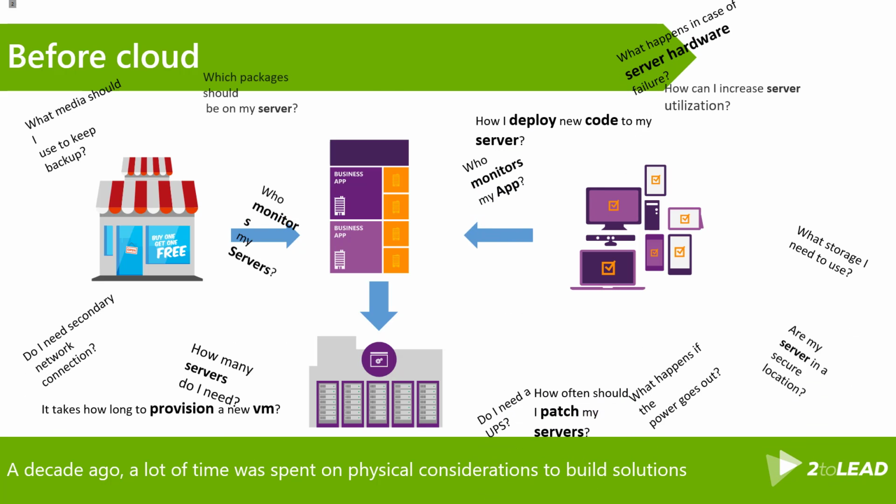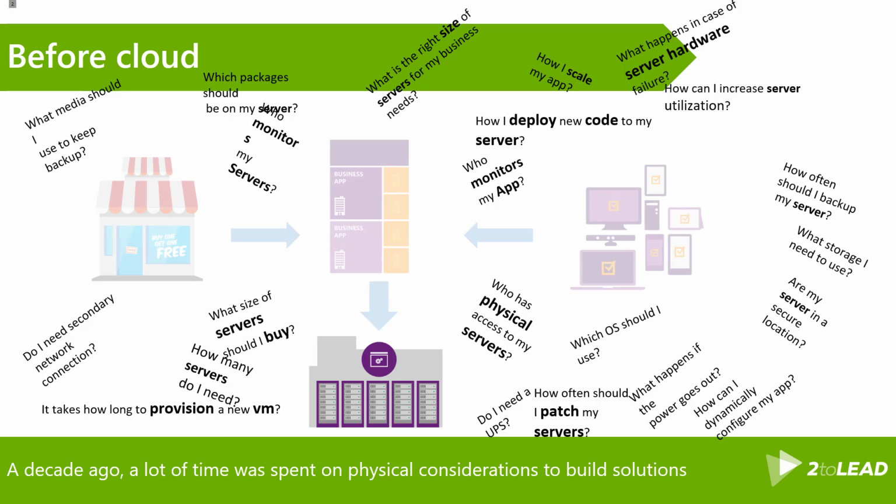So a long time ago in a galaxy far away, and I hope I'm not going to get any copyright issue with that, we used to live in an era where the cloud wasn't born yet. What that effectively meant is anytime you wanted to build a solution, you had to deal with even physical constraints like, okay, I need that kind of machine that's going to be this powerful, that's going to use this much electricity, that means a UPS, a backup, and so on.